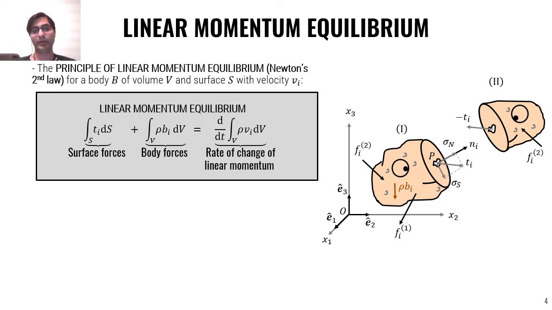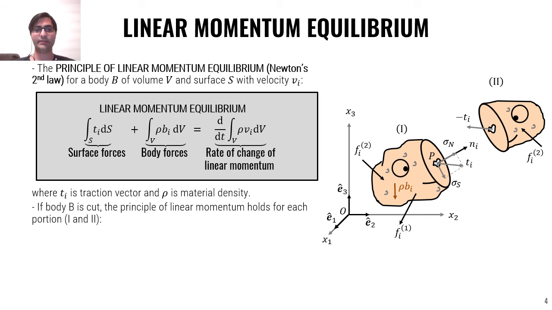Surface forces, as we've seen, is traction multiplied by the differential area. Body forces is rho b differential volume, and then time derivative of density multiplied by velocity integrated over volume.